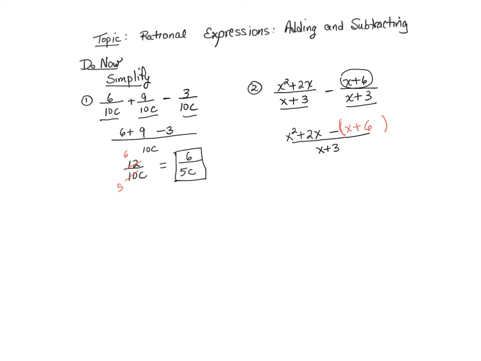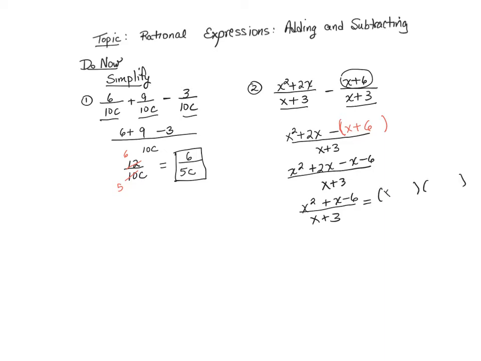And we simplify. So we get x squared plus 2x minus x minus 6 over x plus 3, which simplifies into x squared plus x minus 6 over x plus 3. And of course, we should always try to simplify the fraction by factoring it.